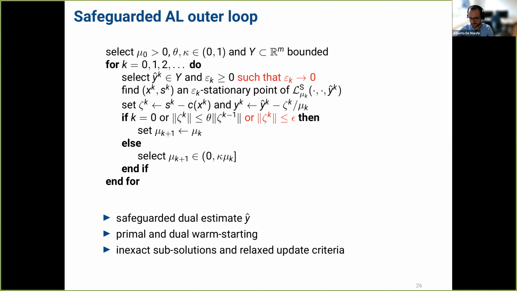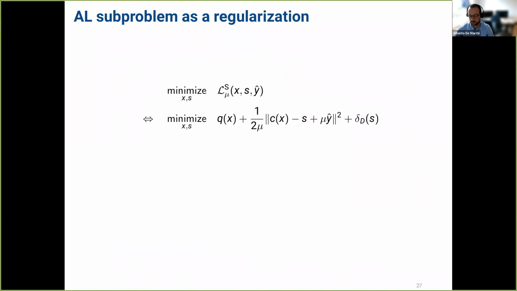But these are just bells and whistles. And okay, here it is, our augmented Lagrangian scheme. And what does that mean? Well, when we minimize this augmented Lagrangian, what we are doing can also be seen as a regularization of the original problem. So we can insert here our zeta.